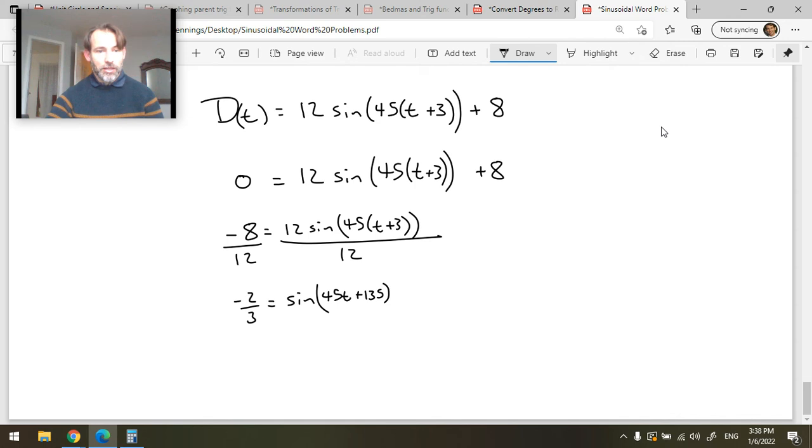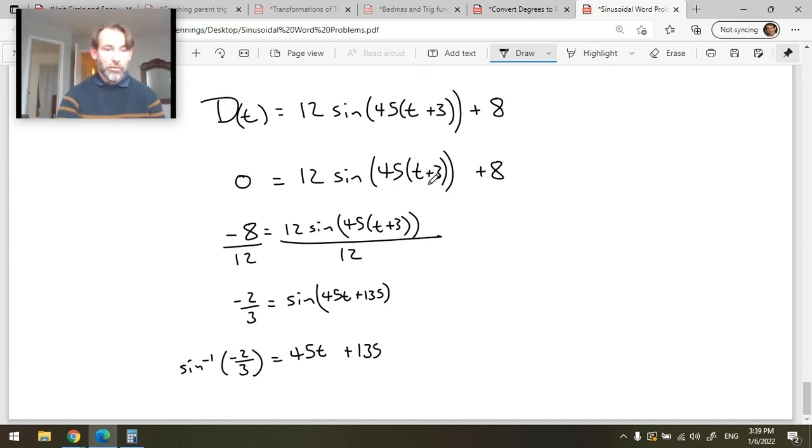So now we have sine inverse of negative 2 over 3 is equal to 45t plus 135. So this is saying we're going to find some angle that produces a sine of negative 2 over 3. You'll notice there are no exact values for sine that will do that, but we can find something that will. There's going to be some angle that needs to equal 45 multiplied by the time plus 135.